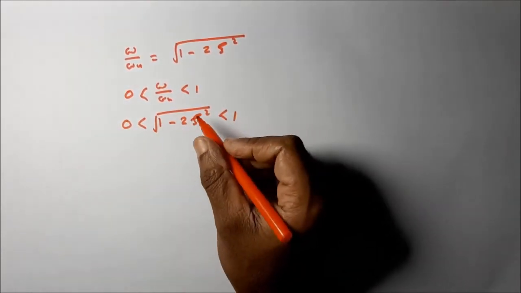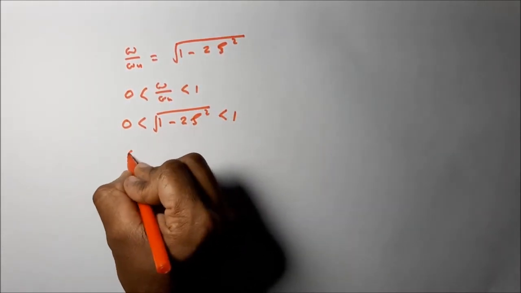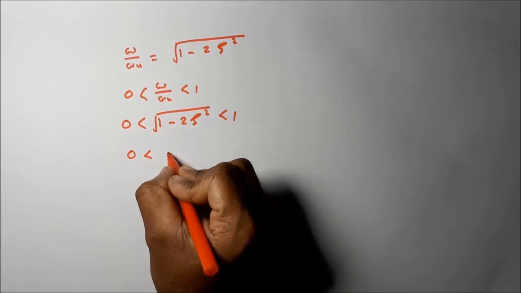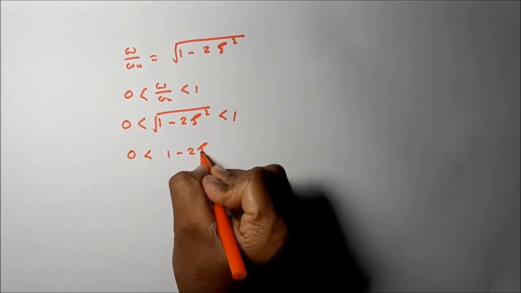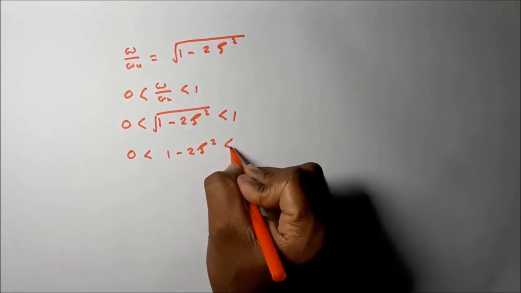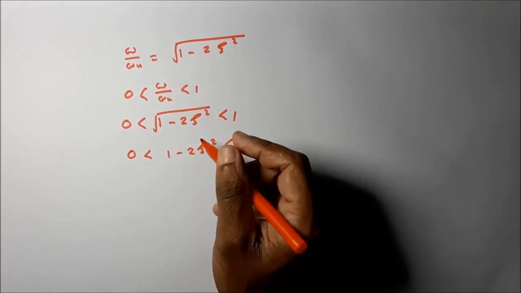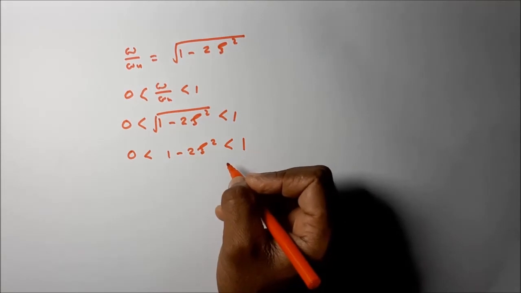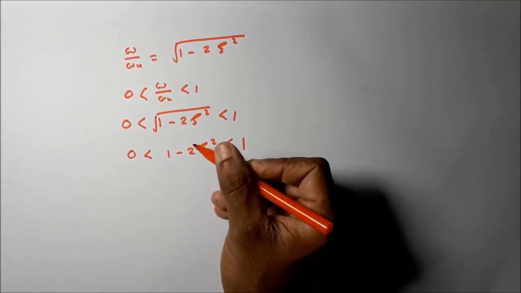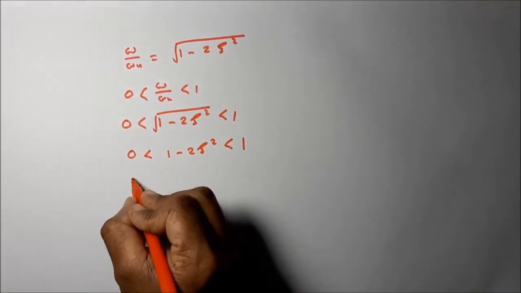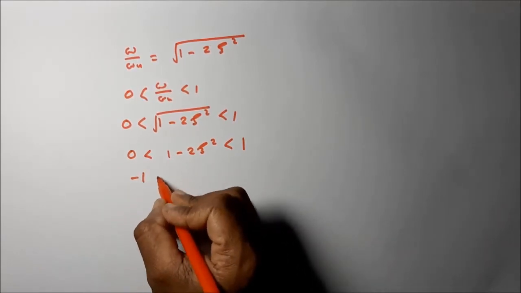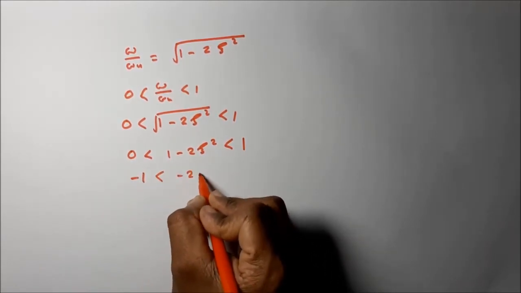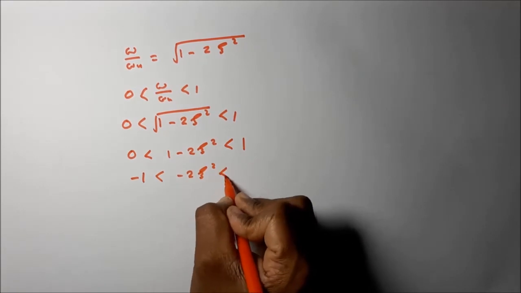So I am going to take the square of the term: 1 minus 2 theta square less than 1. So then I am going to take the minus 1, then minus 2 theta square less than 0.